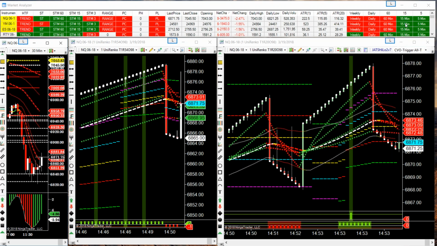My weekly, daily, 60, 15 is over here, and I've added a 5-minute just to give me an edge on when those algos come in and start doing their retracements. This turns all red when everybody's in tune, and you know that you can come in here and just hit it to the downside, like today when it's selling off.